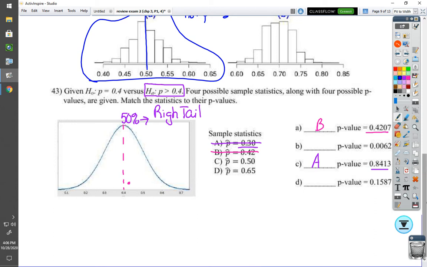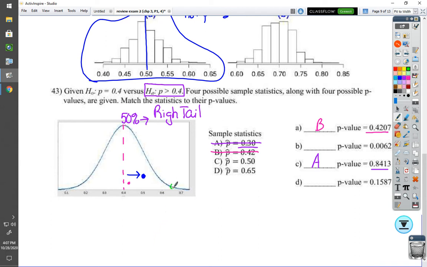I'm going to go find myself another number, 0.5. 0.5 is right here. Now remember, I'm moving further away from the center, so the p-value is coming down. It's not real small yet, but if I'm not quite sure, let's go grab the other number, the 0.65. 0.65 is further out.